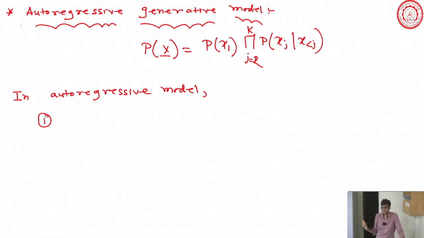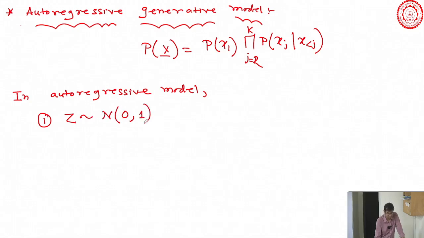That's what you do. In autoregressive, you first sample x1 from P of x1, which is Gaussian. We'll not do that. We'll do the reparameterization trick. So I will sample Z from a standard Gaussian, basically zero mean and unit variance. So step 1, let's say I sample Z from a Gaussian 0, 1.